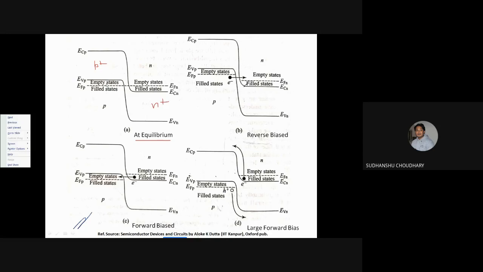At equilibrium, the empty states on the valence band side of the p type are in front of the empty states on the conduction band of the n side. Similarly, filled states on the p side in the valence band are in front of the filled states of the conduction band on the n side.